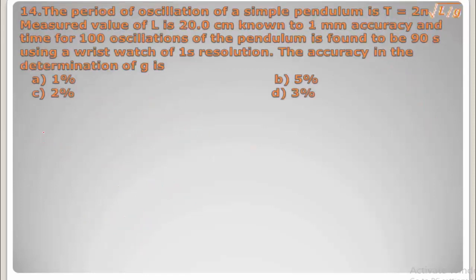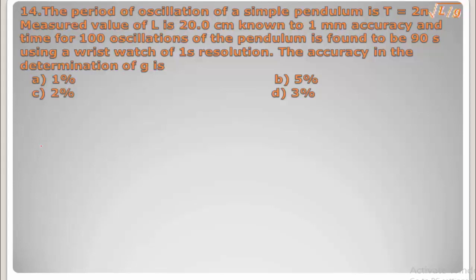Next one. The period of oscillation of a simple pendulum is given by T equals 2π root of L by g. Measured value of L is 20 centimeter, known to 1 millimeter accuracy, and time for 100 oscillations of the pendulum is found to be 90 seconds using a wristwatch of resolution 1 second.